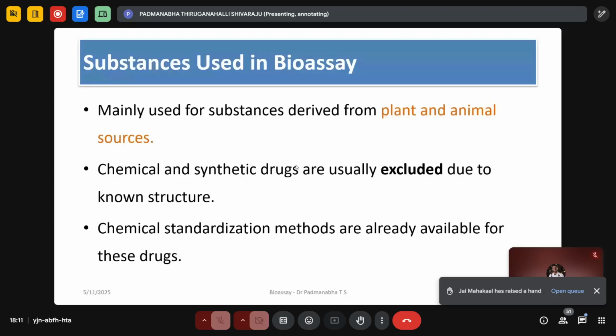But when we talk about biological products, with respect to the tissues or products derived or extracted from plant or animal sources, we don't know how those active molecules are going to affect the living system. That's how the bioassay differs from the chemical or synthetic assay.